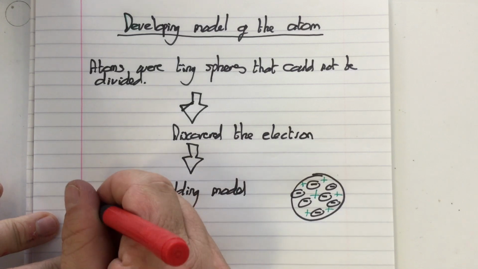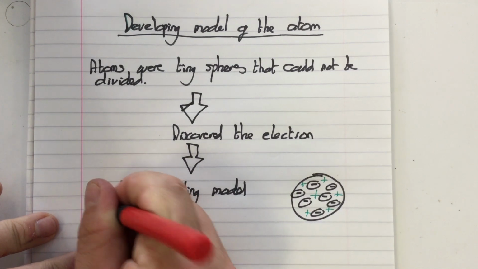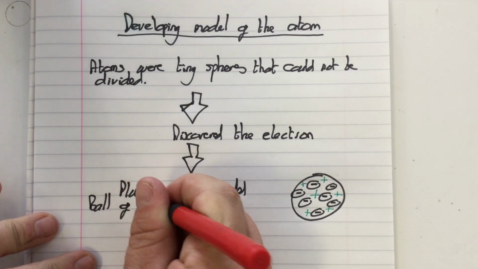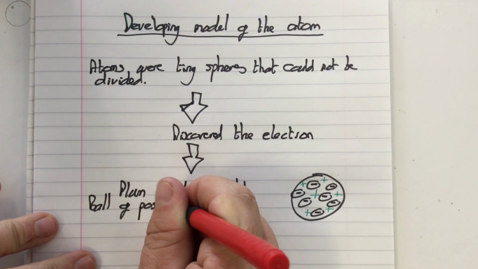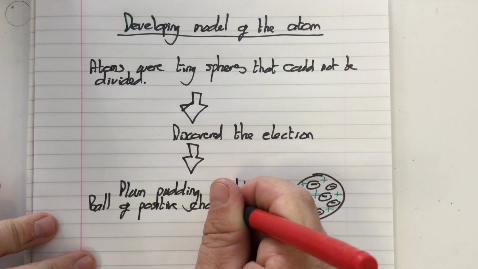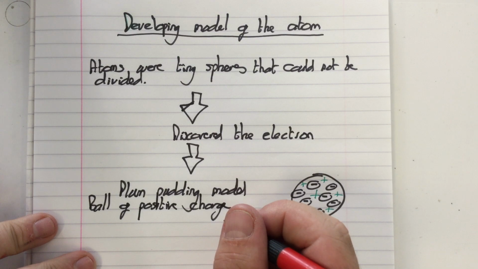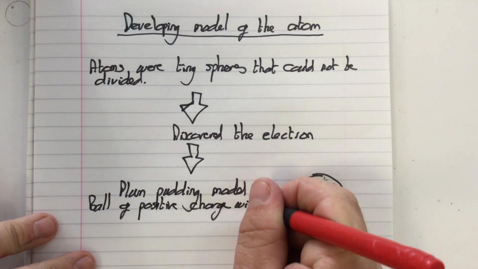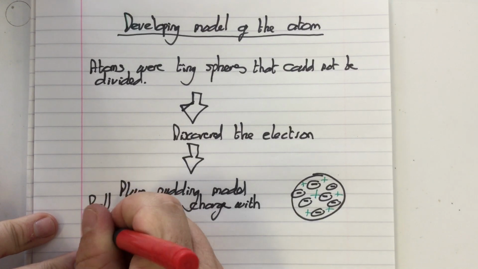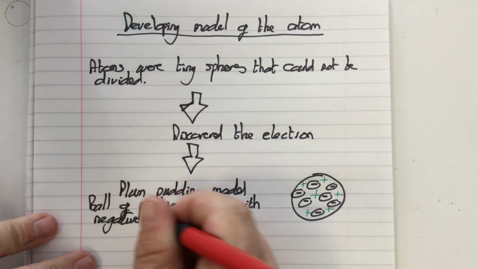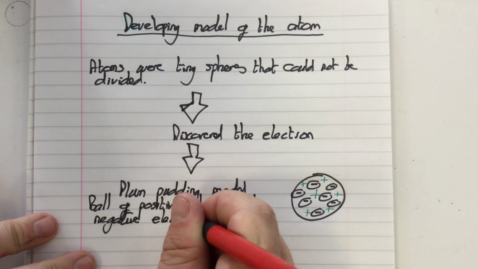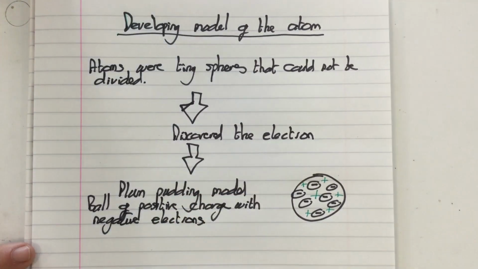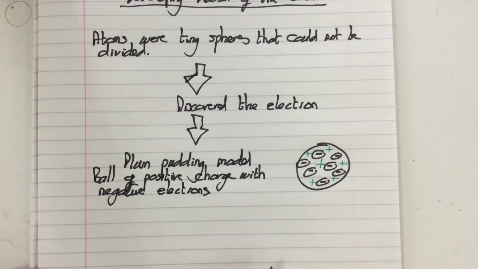So you'd refer to that as a ball of positive charge with negative electrons in it.